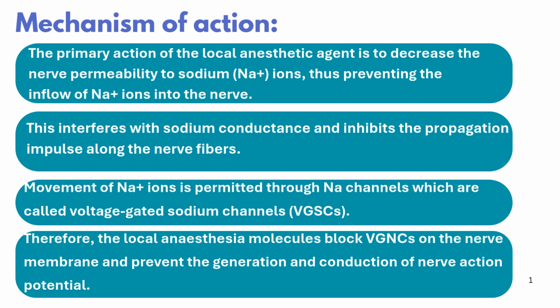You have what are called voltage gated sodium channels, and they are responsible for transferring the sodium ions, and once they are transferred through the nerves, then you get conduction of the stimuli through the action potential. And what local anesthetic does is that they block these voltage gated sodium channels and thus prevent the transmission of the sensation.